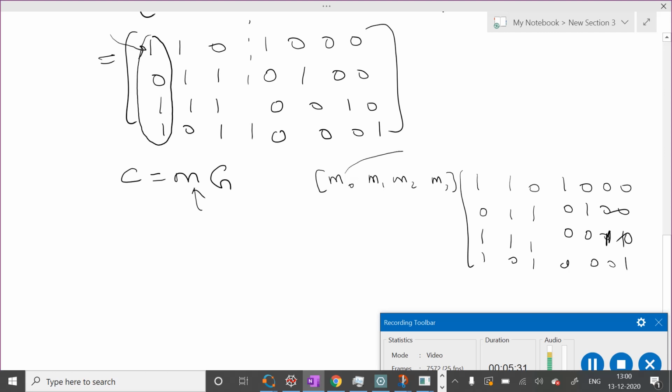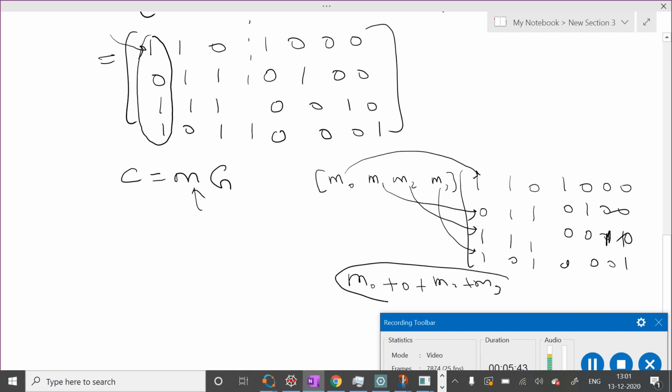Now this m0 gets multiplied with 1, m1 with 0, m2 with this. So what you get is m0 plus 0 plus m2 plus m3. This is the first parity bit, and the columns of the parity part of the generator matrix decide that the first parity bit is generated by adding which message bits.